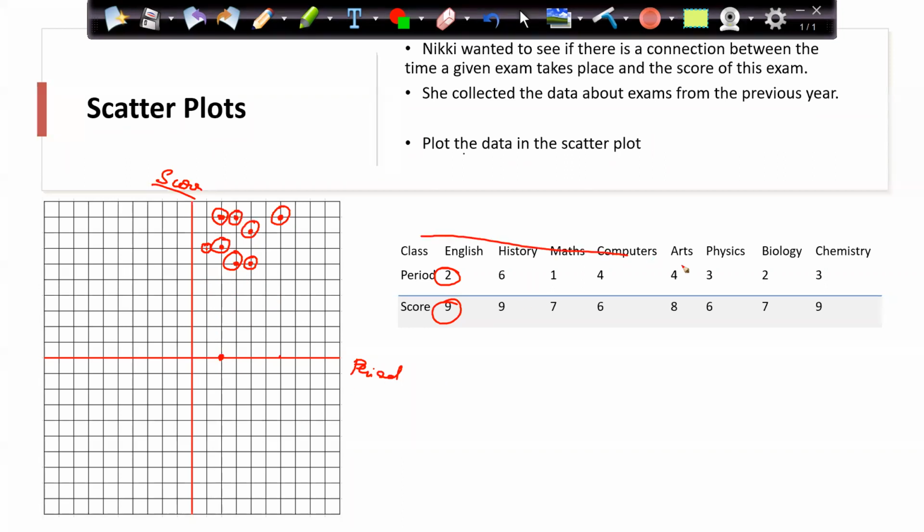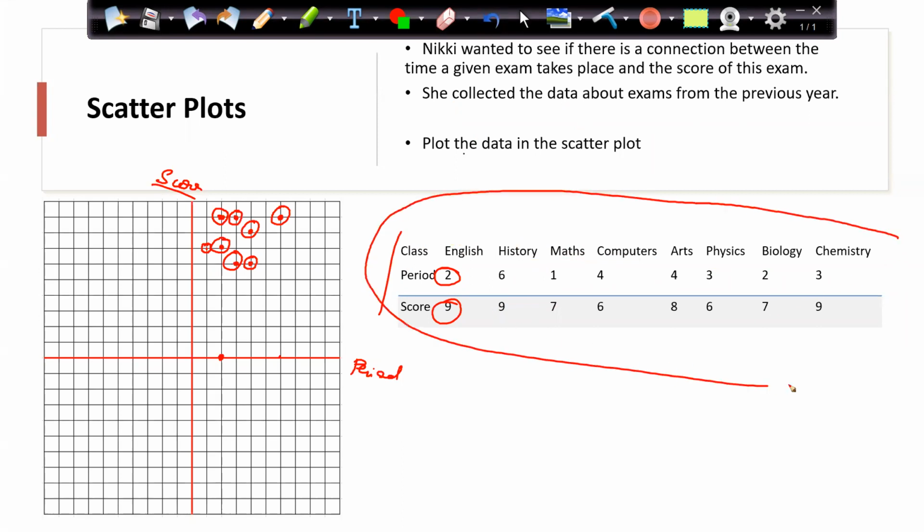I plotted all these points in the scatter plot. Do I see any relation? Is there any linear relation or not?